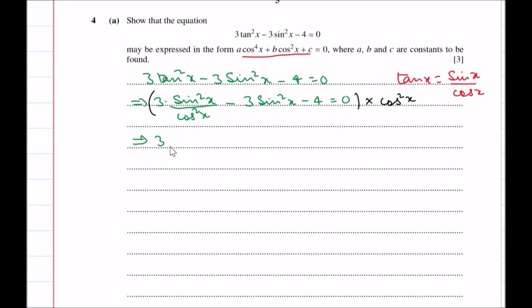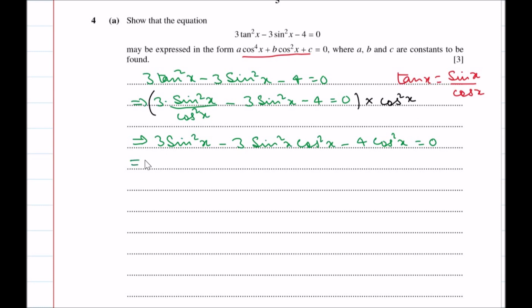So 3 sin square x minus 3 sin square x cos square x minus 4 cos square x is equal to 0, because 0 times cos square x is 0.